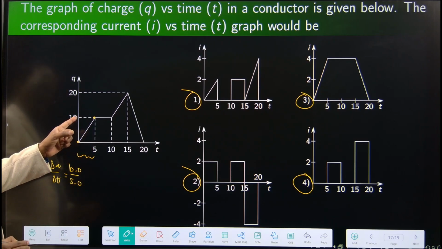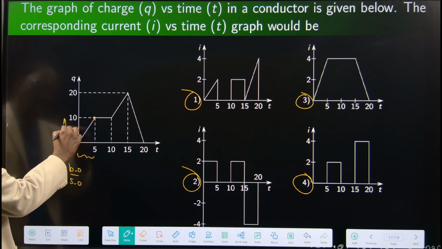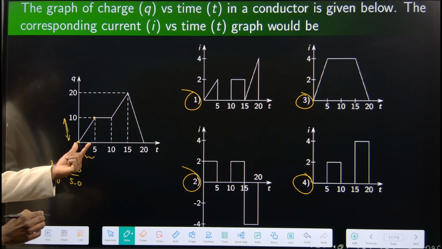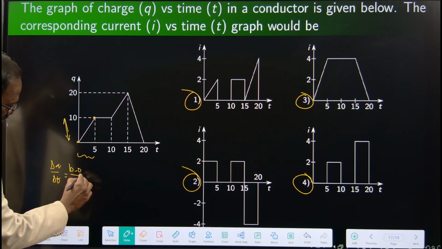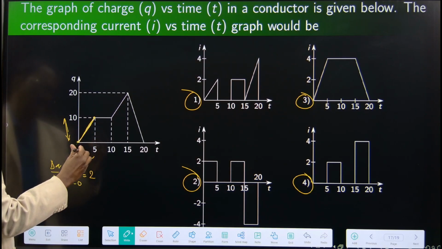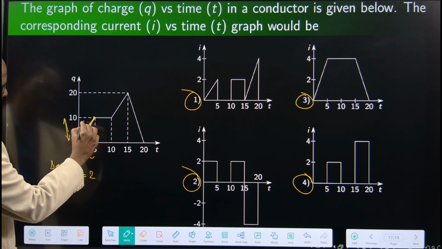So q final is 10, initial q is 0. So this is delta q is equal to 10 minus 0. Delta t is 5 minus 0. So in this region, the current value will be 2 amperes.